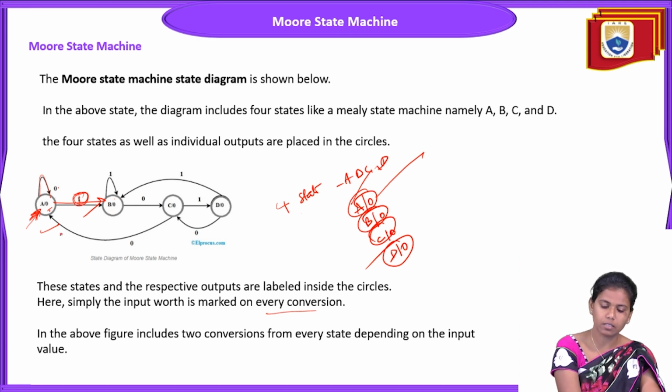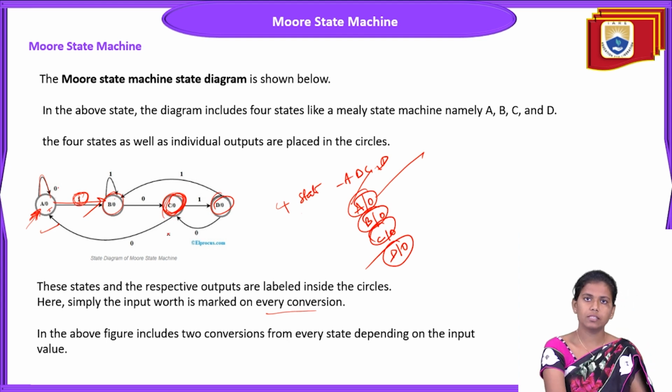Likewise, state C depends only on the past state and the input, and state D is observed only on the past state and the input.